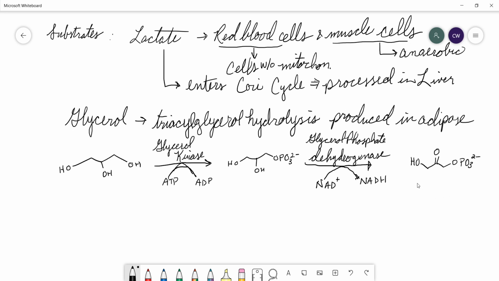And so this is dihydroxyacetone phosphate.